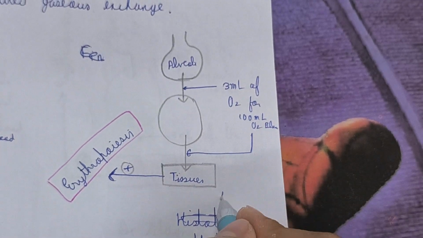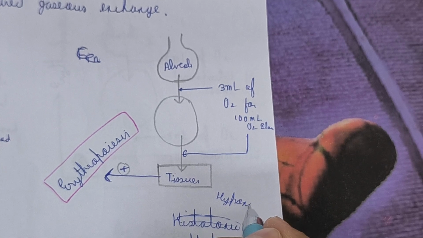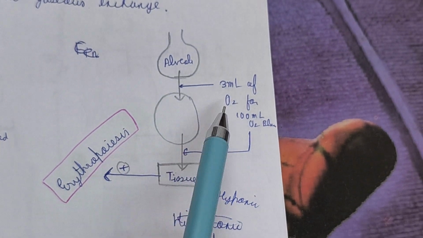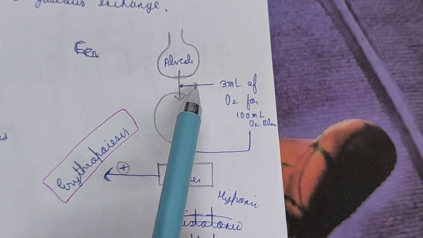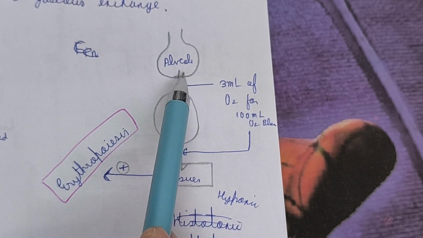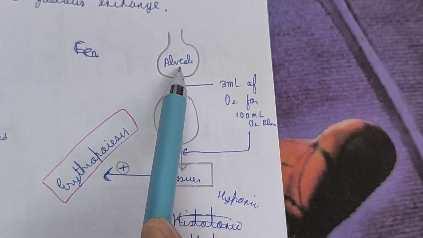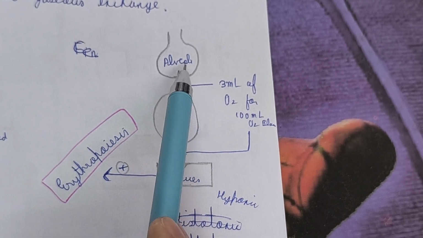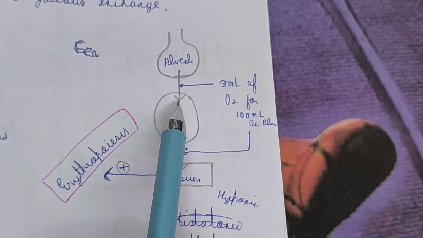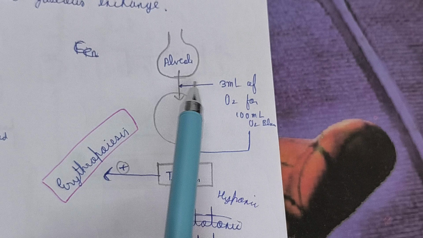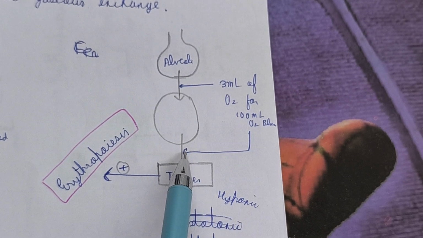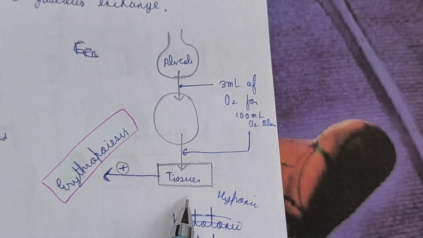Hypoxic hypoxia, you can see here, is due to low partial pressure of oxygen, or impaired gaseous exchange, or pulmonary disease. From the alveoli to the blood, 3 ml of oxygen is transported, and this 3 ml of oxygen is transported by the blood to the tissues.